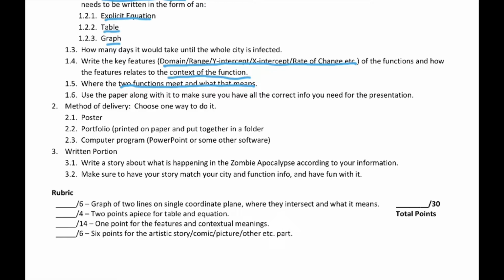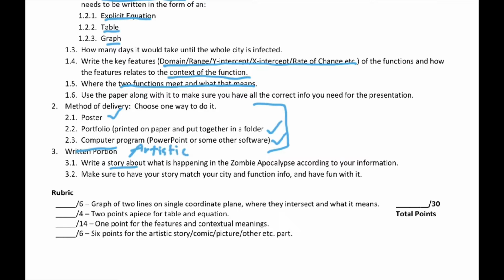Okay, now you can deliver it in a few different ways. You can make a poster, just a simple portfolio, or some sort of computer program. Okay, there's also a written portion, and I should probably call it more an artistic portion.